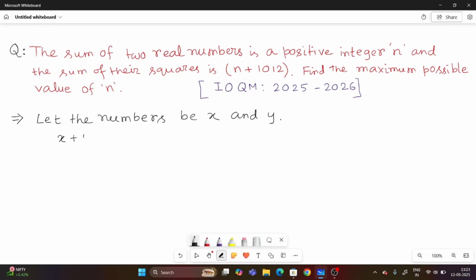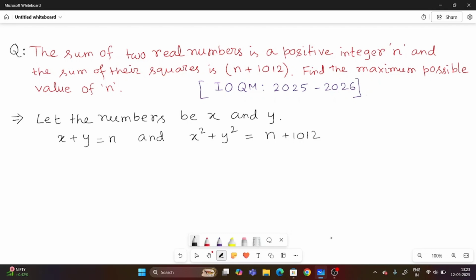So x plus y is equal to n, and our second condition is sum of squares. So x square plus y square is equal to n plus 1012.